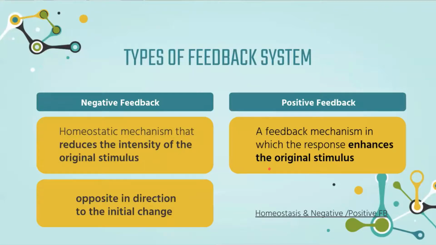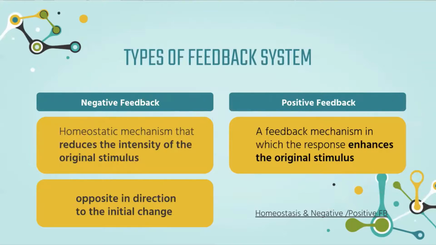Now let's focus on the two types of feedback systems, negative feedback and positive feedback. Over here, I gave you a simple definition of each, but to better understand them, I will explain further.